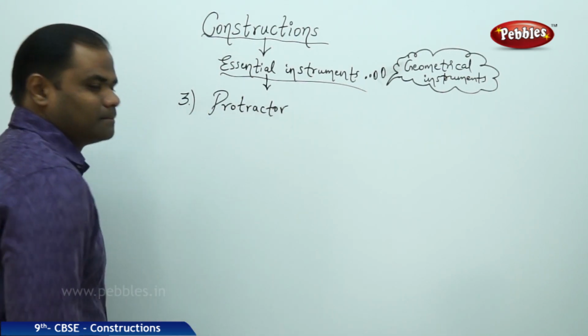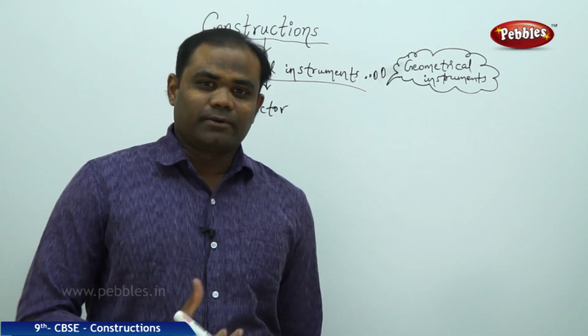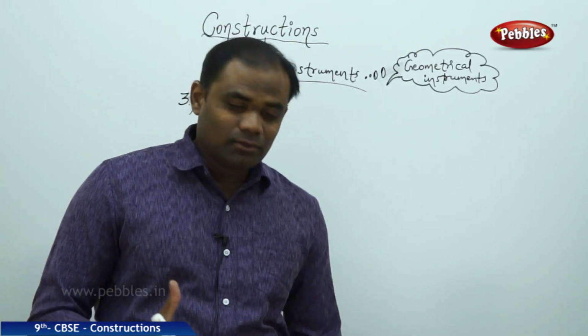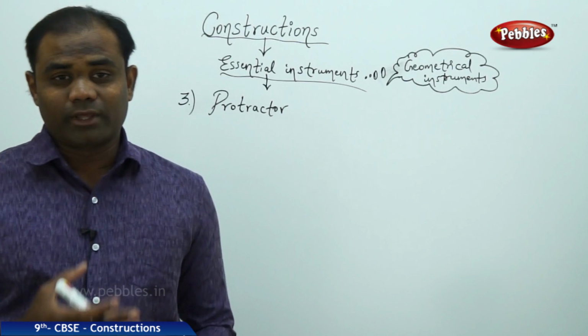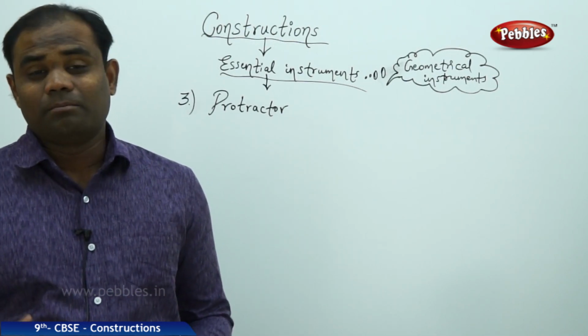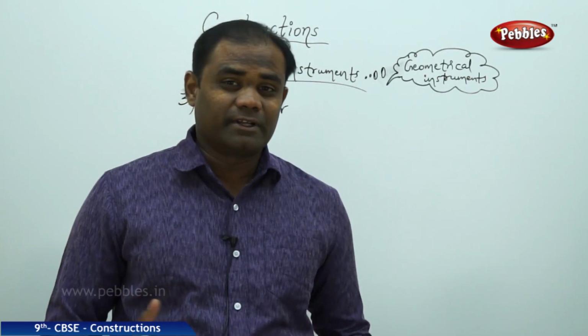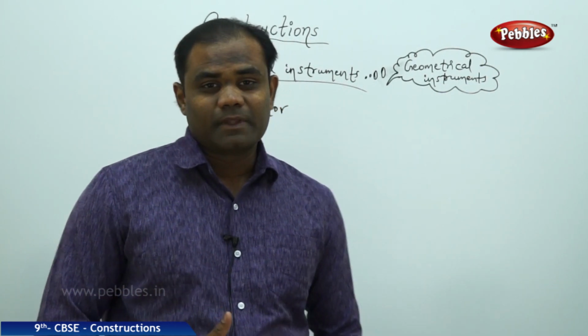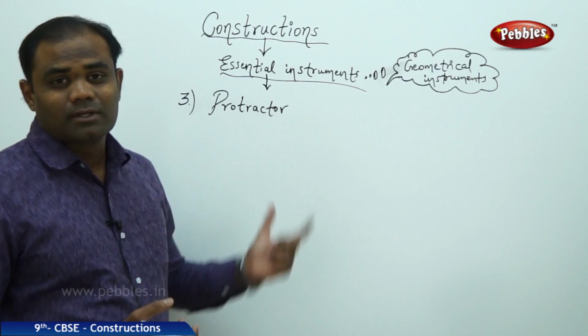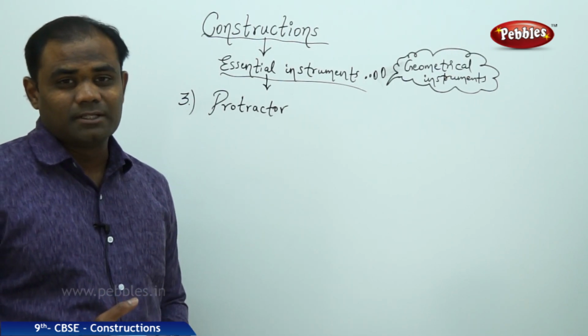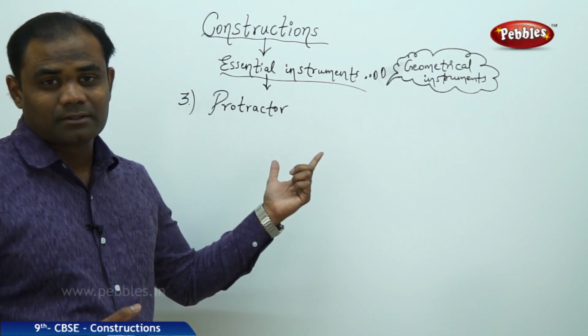Protractor. What is the significance of the protractor? Just like the ruler has its significance in drawing perfect straight lines, and the compass has its significance in drawing perfect circles or perfect arcs, similarly a protractor has its own significance. Let's see the significance of the protractor in real life.